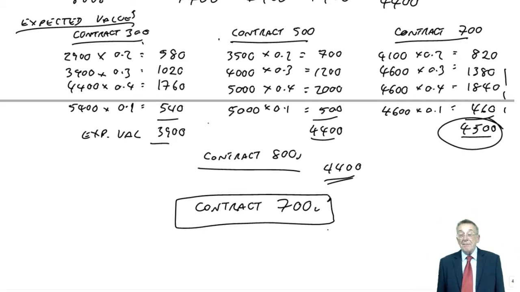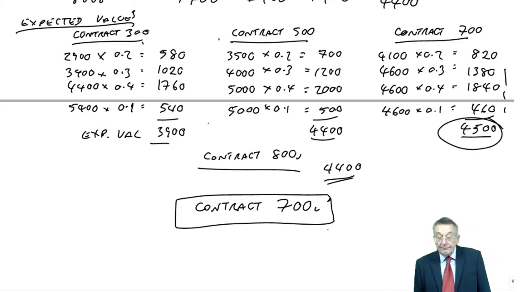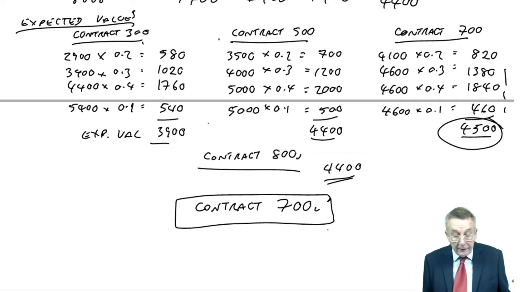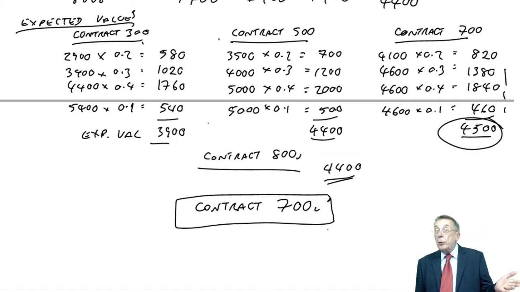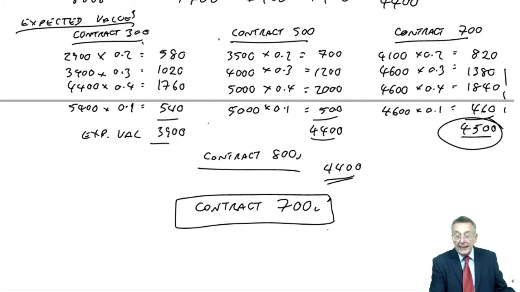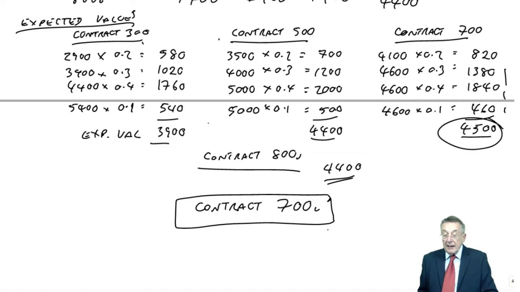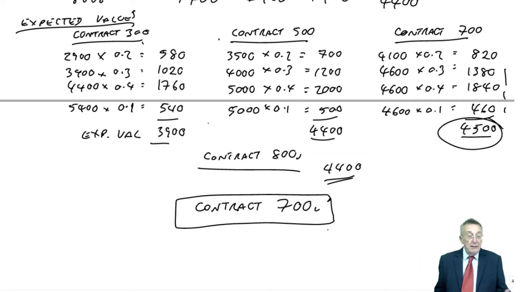So there we are. Okay, no problem. Contract for 700 and expect 4,500, except as I said before, that'd be fine if it was something that kept repeating. You know, some weeks we sold 400, some weeks we sold 500, 700, 900.